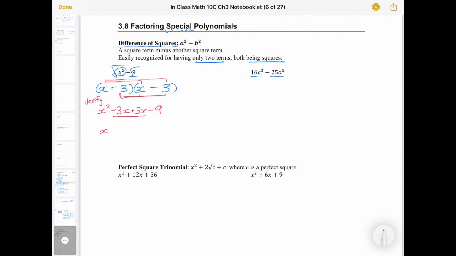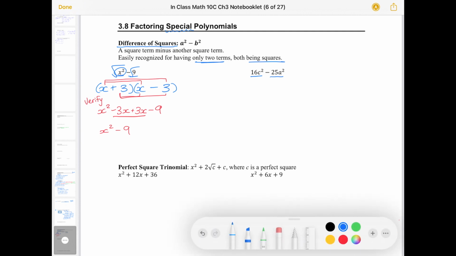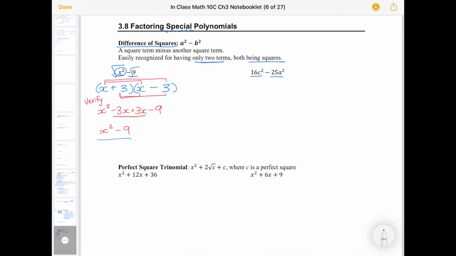These cancel out, really, negative 3x plus 3x, leaving x squared minus 9. Boom. That's how that works. Because one's positive, one's negative, this middle term cancels out completely. It adds to 0, and we're left with just a square minus the other square. And that's it.